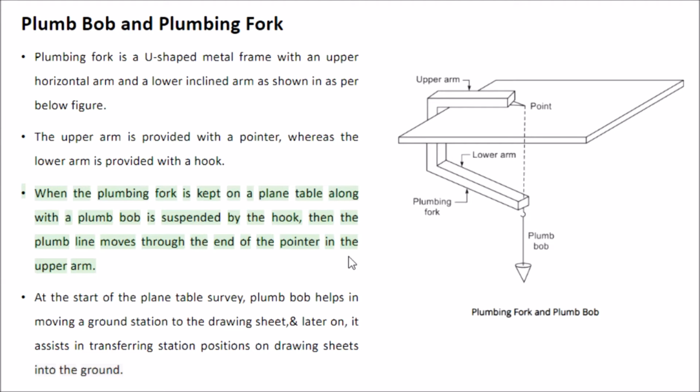When the plumbing fork is kept on a plane table and the plumb bob is suspended by the hook, the plumb line moves through the end of the pointer in the upper arm. At the start of the plane table survey, the plumb bob helps in transferring the ground station to the drawing sheet, and later on, it assists in transferring station positions on drawing sheets.